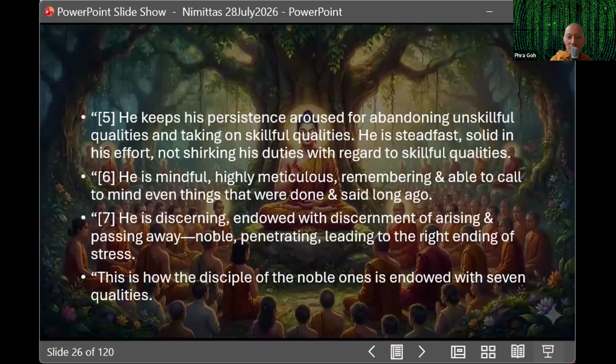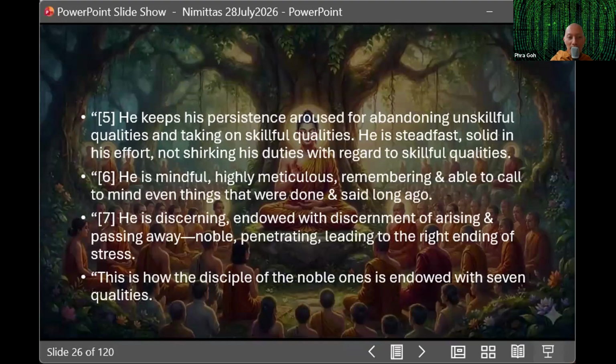You need to try your best to abandon unskillful qualities, anything associated with greed, anger and delusion, and take on skillful qualities. Try to develop as many skillful qualities as possible, and if there are any skillful qualities you have, try to maintain or perfect them. So that's the 5th quality.